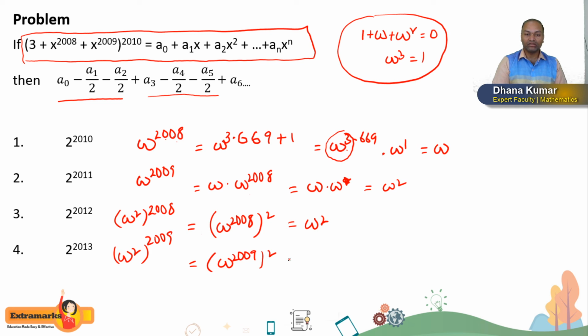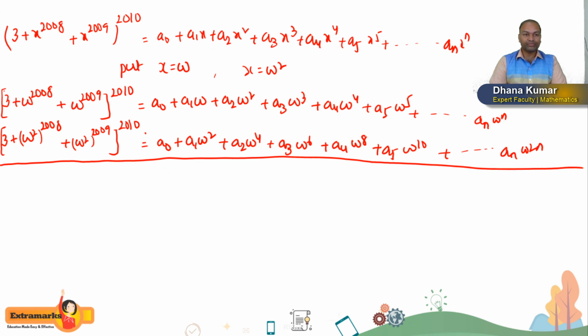Is it correct or not? But this value is omega square. Omega square whole square is omega power 4. Omega power 4 can be written as omega cube into omega, that is equal to omega.